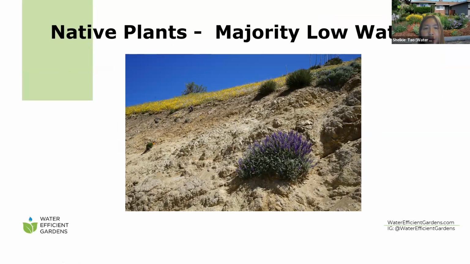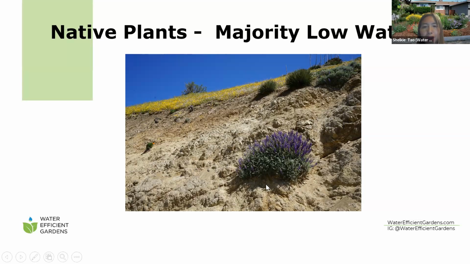The native plants, on the other hand, are adapted to California's dry climate and can deal with this kind of dryness very well. So you can see this is silver lupine. I took this picture in about April. And as you can see, it's such an arid rock.